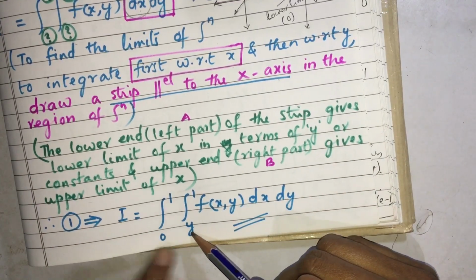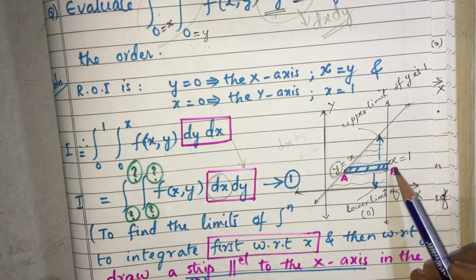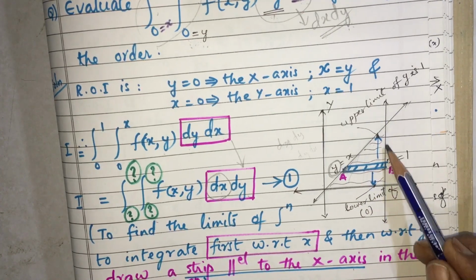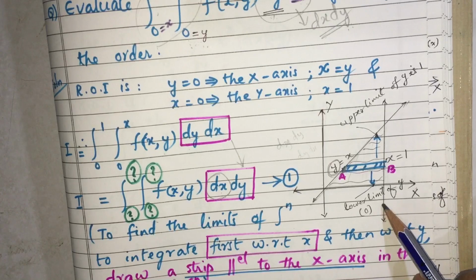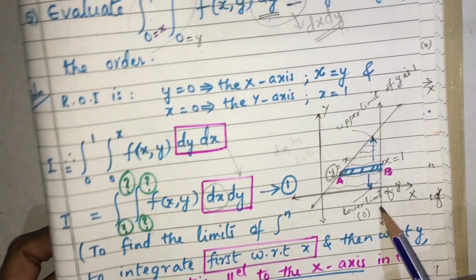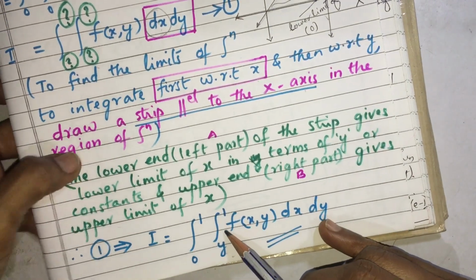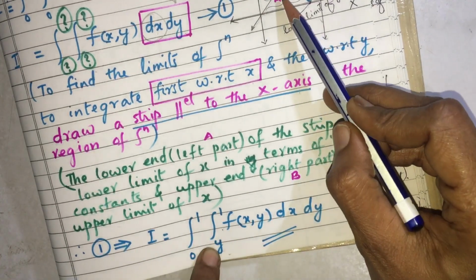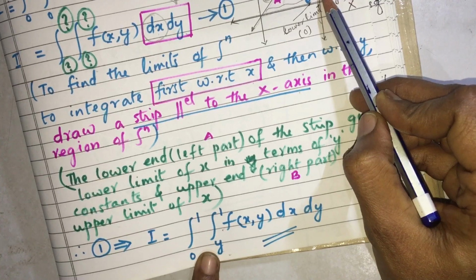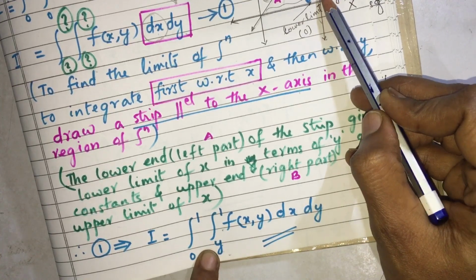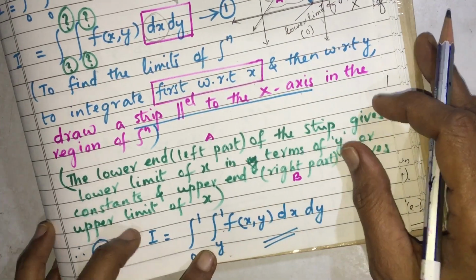The upper end of this strip is on the line x equal to 1. So the upper limit for x is 1. So the lower limit is given by the lower end of the strip and the upper limit is given by the upper end. Upper means the right part of that strip, that is 1.